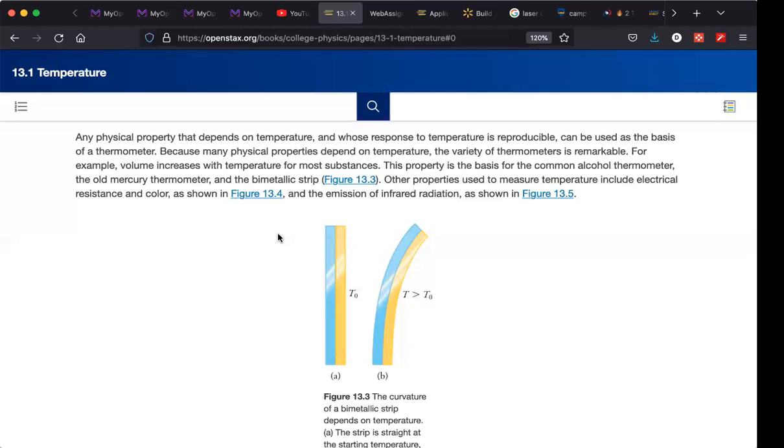But the idea is that Brown was looking under a microscope at little bits of pollen from flowers floating in water. And as he looked at them very closely, he noticed that they moved around in this weird random motion, and yet there was nothing to indicate that they should be moving. Pollen doesn't have flippers on it to make it move. It's not an animal. I mean, how does it move?